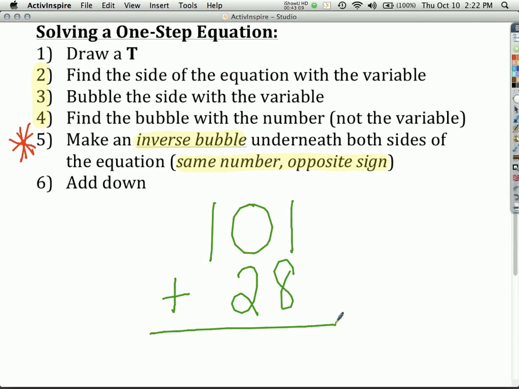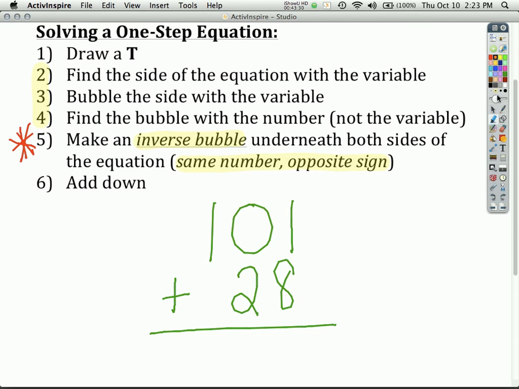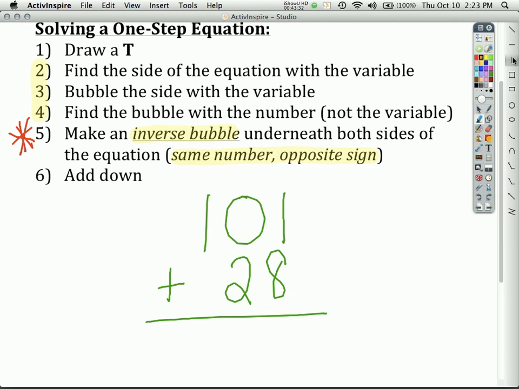And I want you to try to reflect on how it actually works. Right now, you instinctively know, okay, 1 plus 8 is 9, 0 plus 2 is 2, 1 plus nothing is 1. But I want you to think about it. This is actually set up in columns.